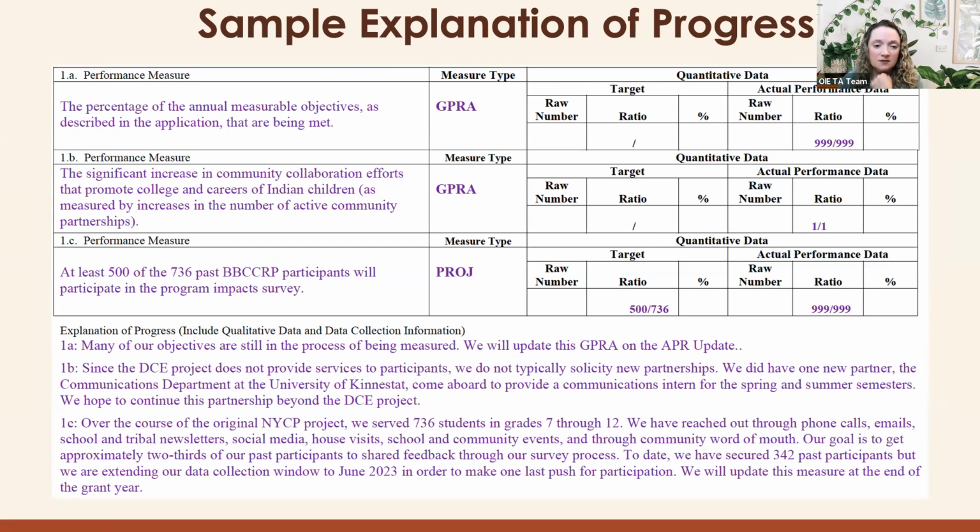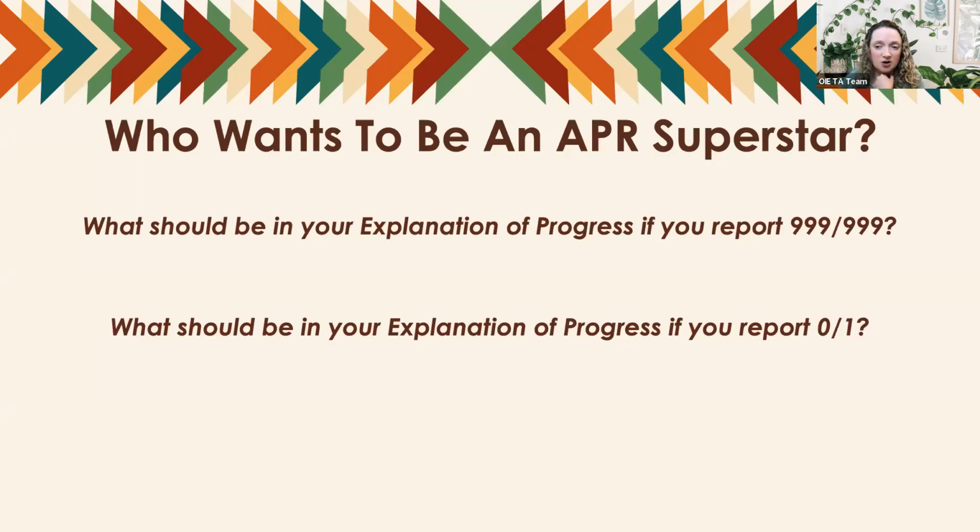All right. Well, then that takes us to our next superstar question. So let me pull that one up. You'll see there are 3 questions. What should be in your explanation of progress if you're reporting 999 over 999?